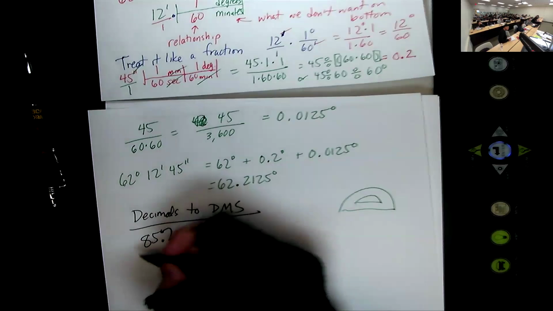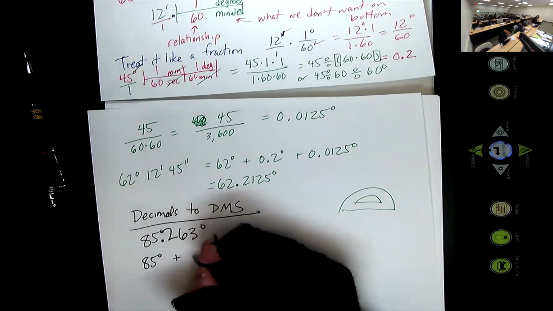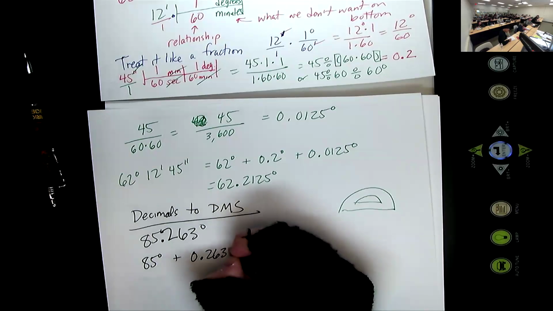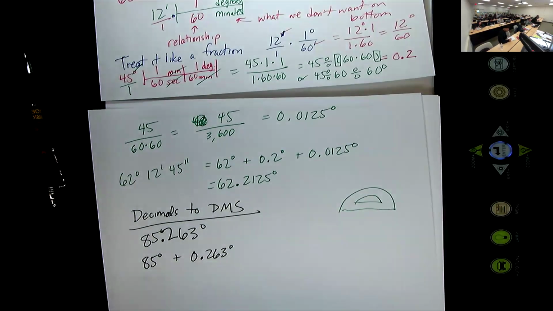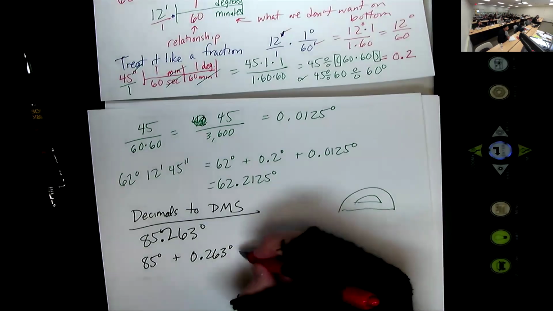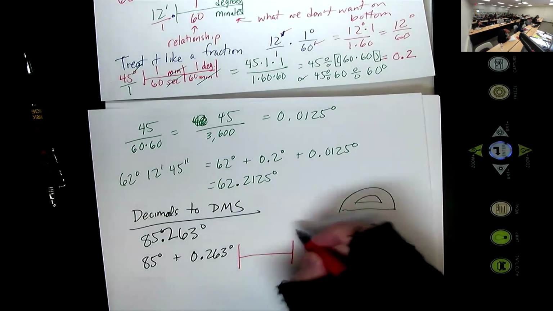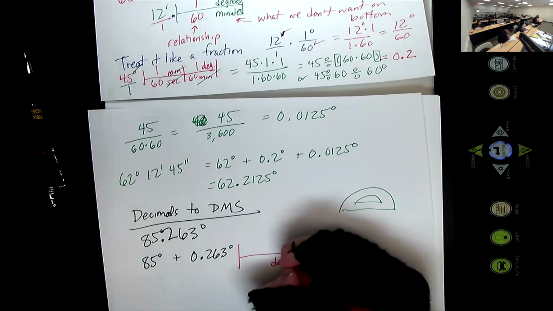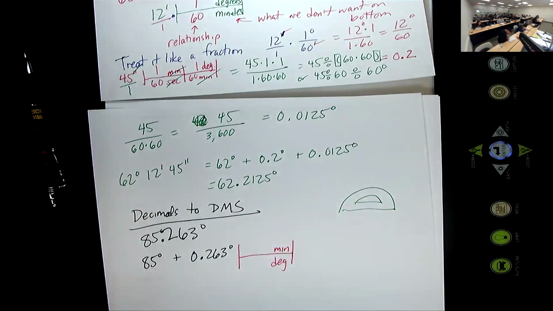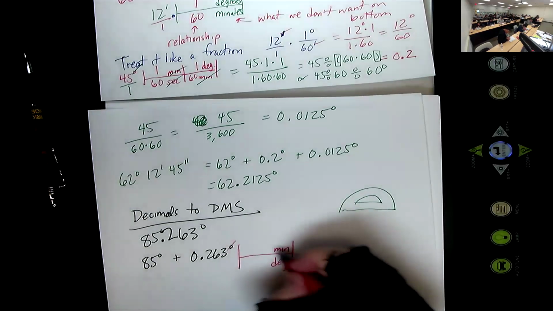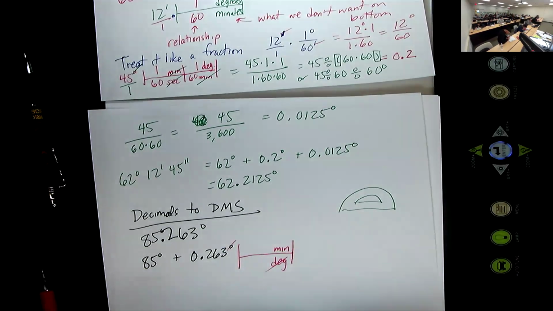I'm gonna peel off the part that is a decimal and write it like this. This is the true thing, they add together to make the same thing. 85 is where we want it to be, this 0.263 is not. I want minutes, I'm dumping degrees, so I'm gonna put degrees on bottom, minutes on top. That way the degrees get dumped. There is 60 minutes to 1 degree.